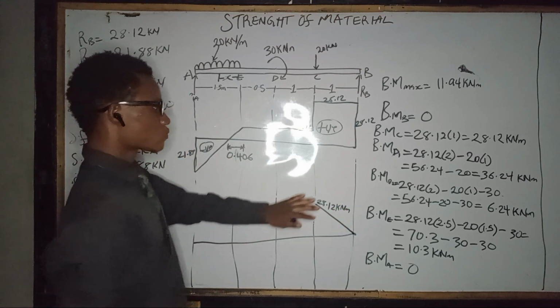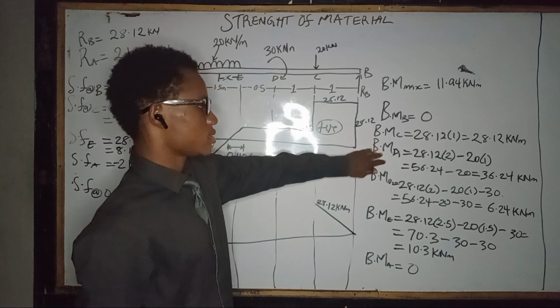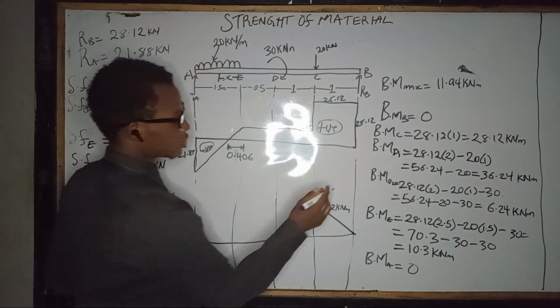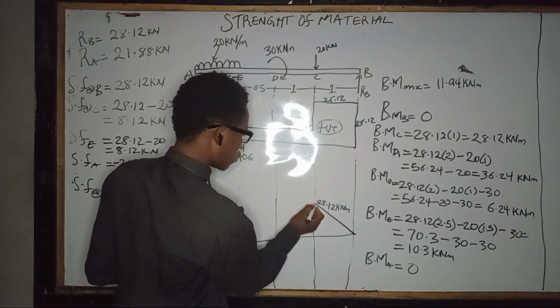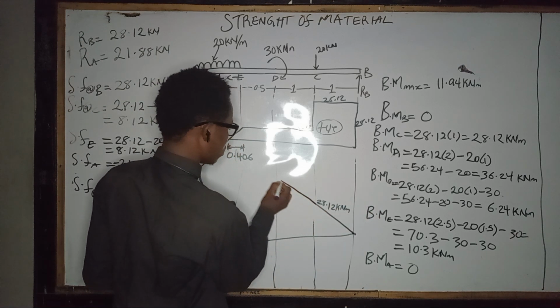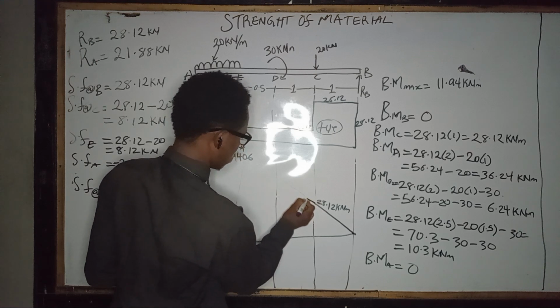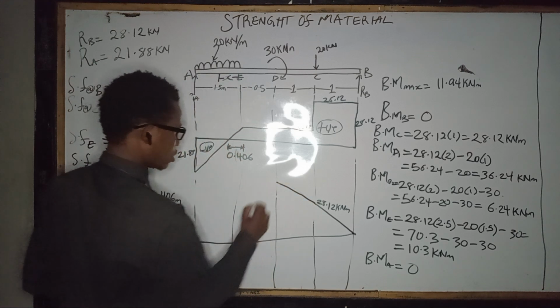Then also our bending moment at D1 is equal to 36.24. So it will be something like this. Let me take it a little bit. Yeah, something like this.